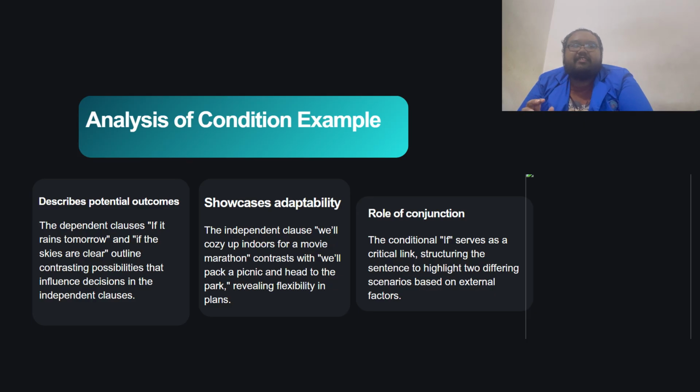The independent clause, we will cozy up indoors for a movie marathon, contrasts with we will pack a picnic and head to the park, revealing flexibility in plans. Role of conjunction: the conditional if serves as a critical link, structuring the sentence to highlight two differing scenarios based on external factors.